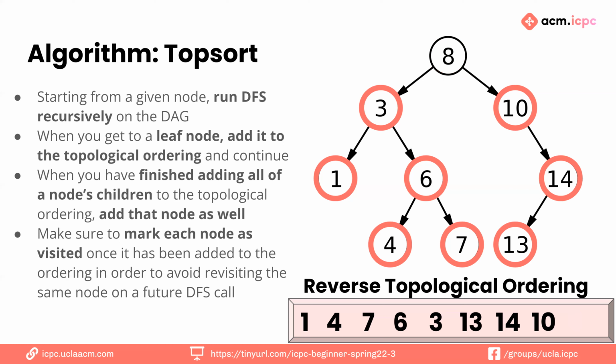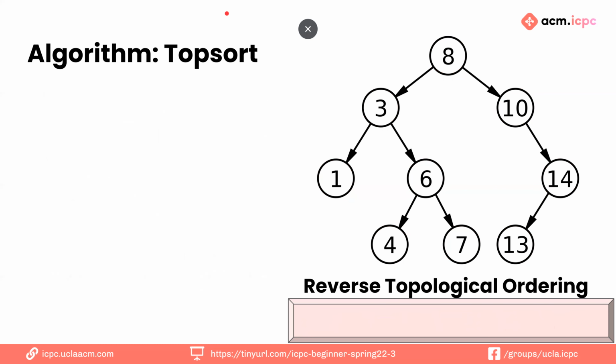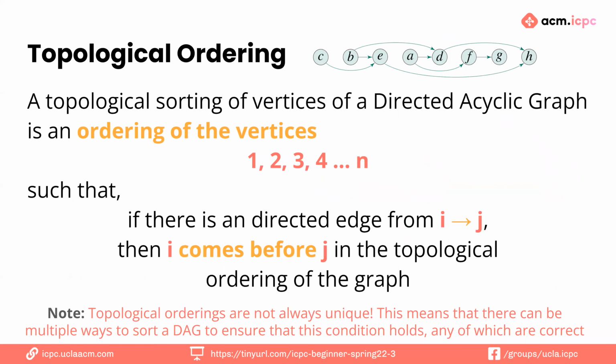Let's get back to the definitions. If there's an edge from I to J, then I comes before J. I guess we're about to do an example on this, but the real life application that might be intuitive to you is course prerequisites, as you said, is a DAG.